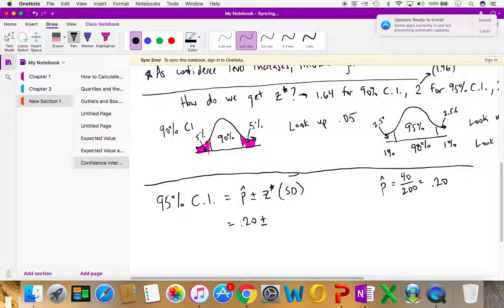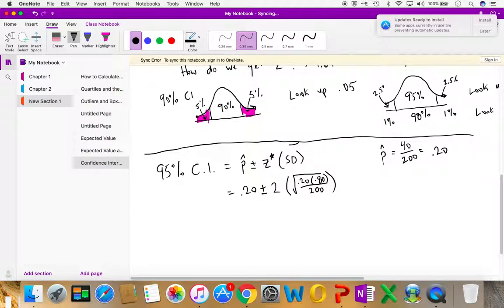Now the z-star, again, for 95% confidence, we're just going to use a 2. And then our standard deviation, we're going to do a little bit of calculation here. It's the square root of p hat times its complement, or 100% minus p hat. So it's going to be 0.2 times 0.80 all over the sample size of 200. Okay, we can use our calculators to get that.